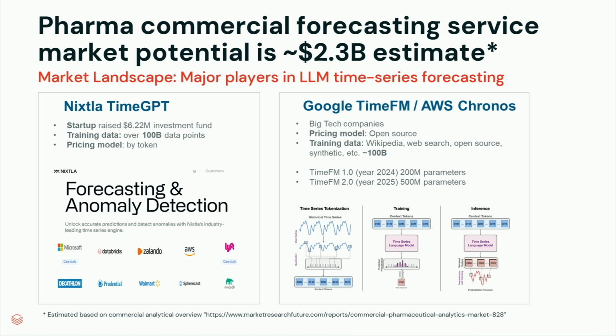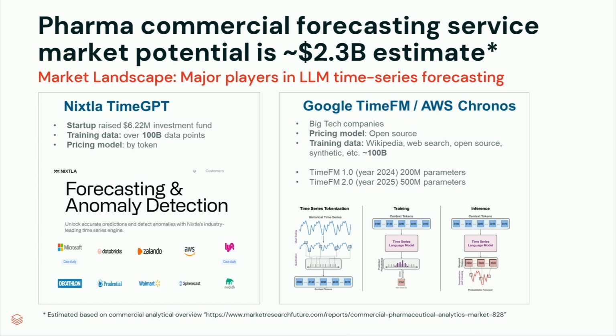One lesson I learned in this practice is that if your task is specifically, for example, predicting RxDX patient volume, a forecasting task in a domain, of course, we can leverage a general foundation model, for example, TimeGPT or Google TimeFM.